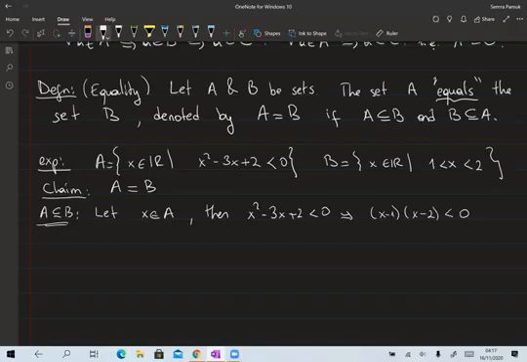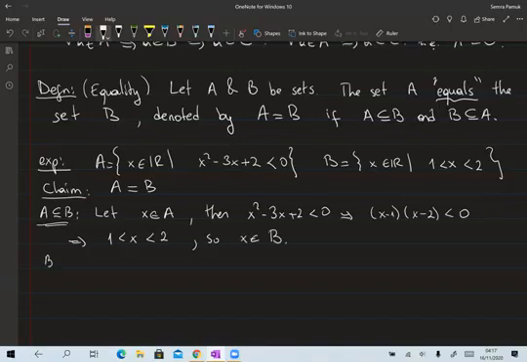So either x minus 1 is negative and x minus 2 is positive, or x minus 1 is positive and x minus 2 is negative, right? You solve these two cases and you will see that x should be between 1 and 2, so x is in B.